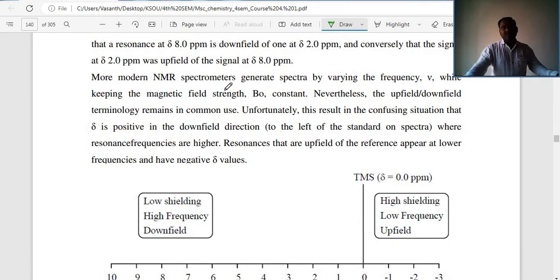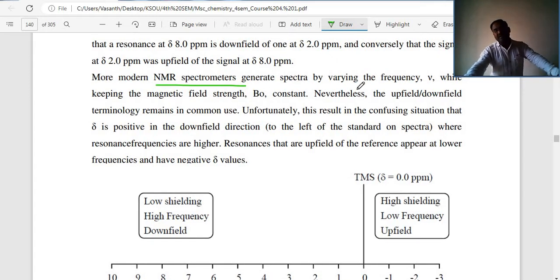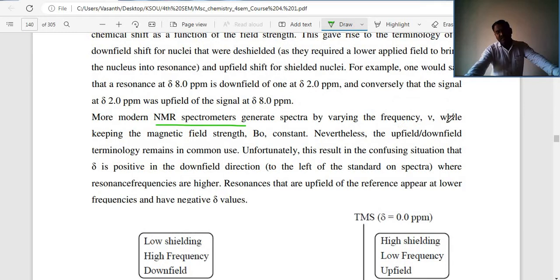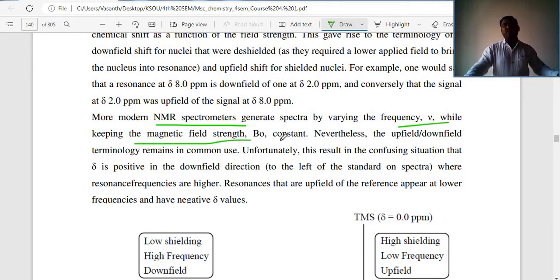The more modern NMR spectrometers generate spectra by varying frequency while keeping the magnetic field strength B0 constant. Nevertheless, the upfield and downfield terminology remains in common use.